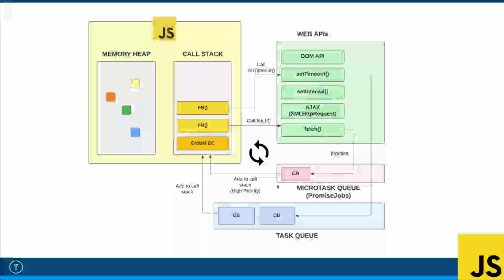The difference here is that they don't get put onto the standard task queue like standard callbacks do. They get put on something called a microtask queue, also called promise jobs. It works the same as the task queue in terms of it being a queue data structure, which is first in, first out, but it has a higher priority than the standard task queue. All right, so that's how they work under the hood.